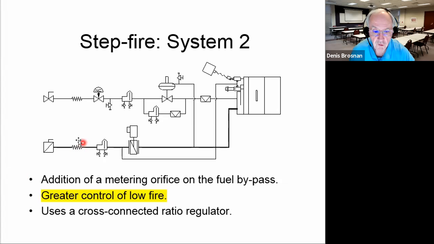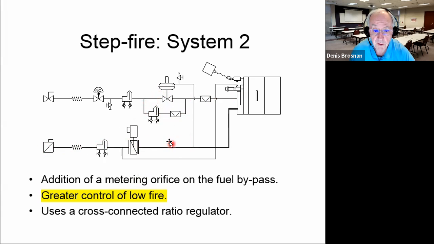This is presented as one type of system, maybe a simpler type of system using a ratio regulator. In system number 2, we've got a bypass around the ratio regulator so that we can always be supplying gas if we want to into the burner. So that's controlling the low fire situation. If we want to have low fire in the burner, it's still a ratio cross-connected system.